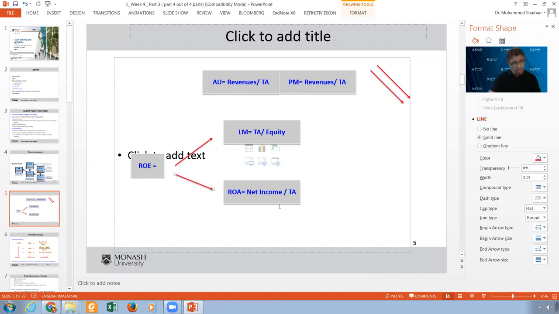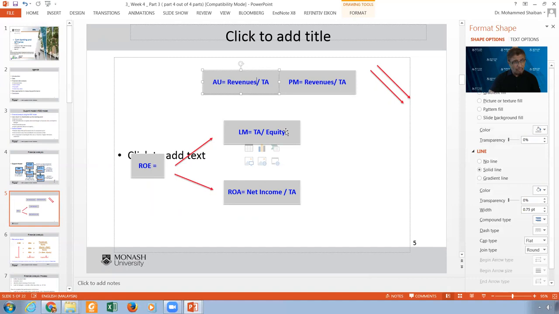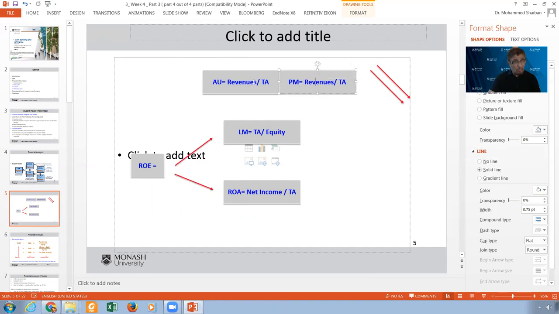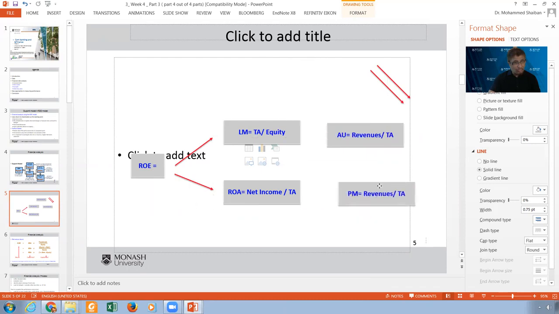Now I want to break this again, and actually breaking this again is very important because the ROE model is just this one. ROE is the average multiplier times the ROA. But the ROA now is the one that is broken down to this item and to this item.